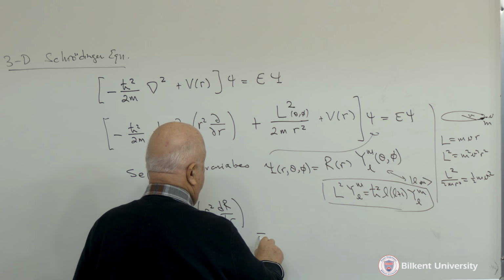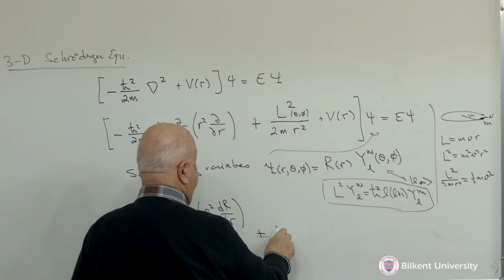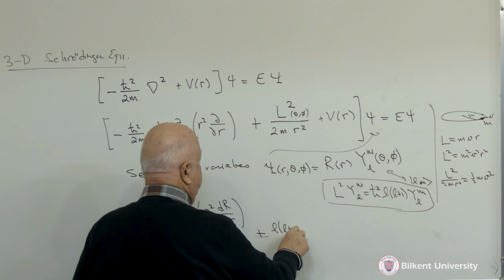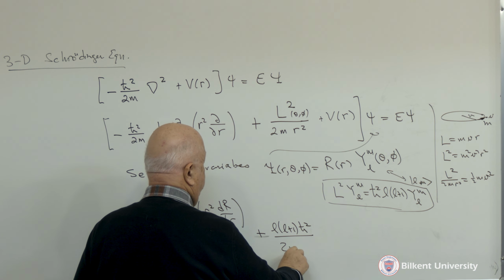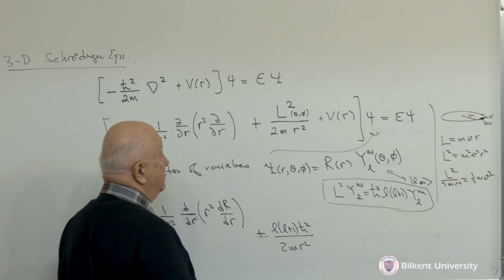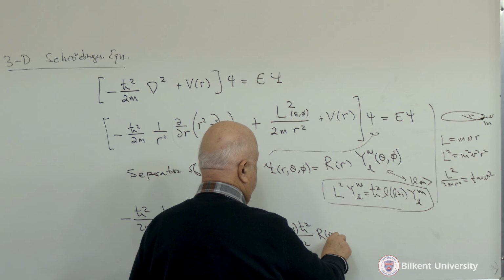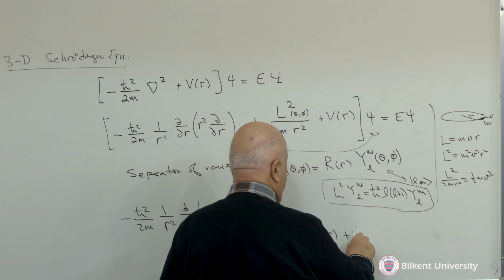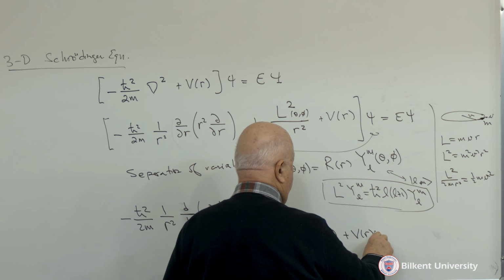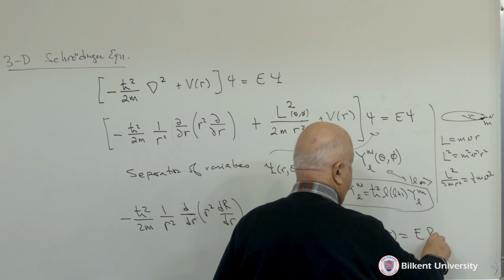Then plus the numerator here is going to be l(l plus 1) times h bar squared divided by 2m r squared, times R of r, plus V of r times R of r is equal to energy times R of r.